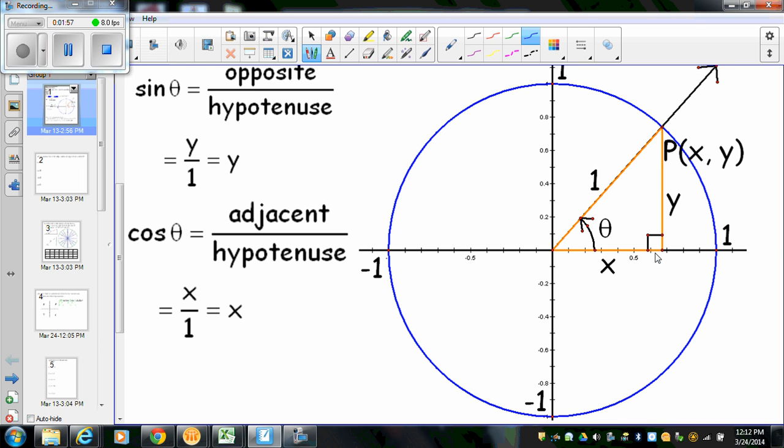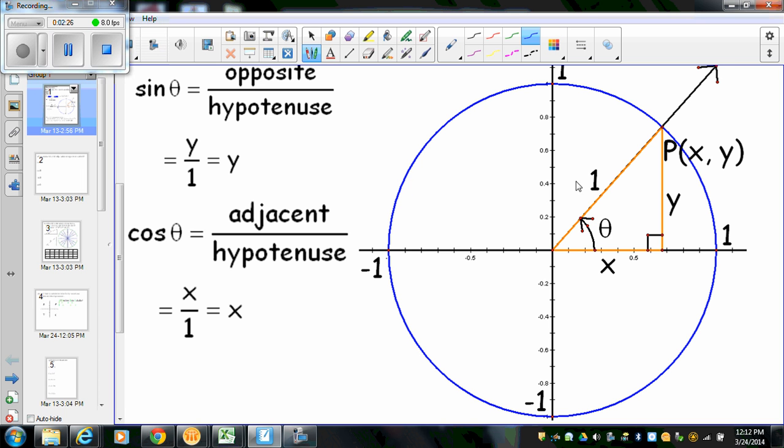The bottom length of the right triangle is x, the vertical length is y, and the hypotenuse is always going to be a length of 1 because we are on the unit circle. The radius is 1, meaning that anywhere around this circle, the hypotenuse for point P would be a length of 1. The angle from the x-axis up to that hypotenuse is theta.